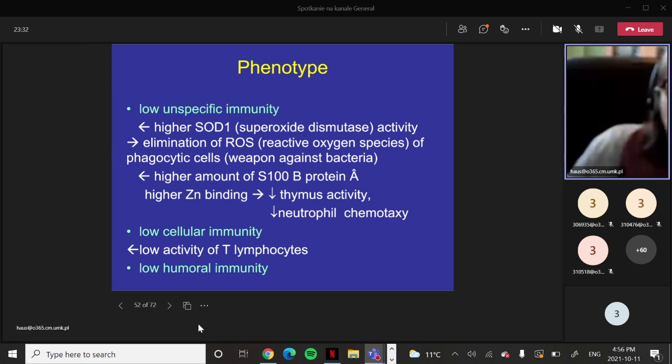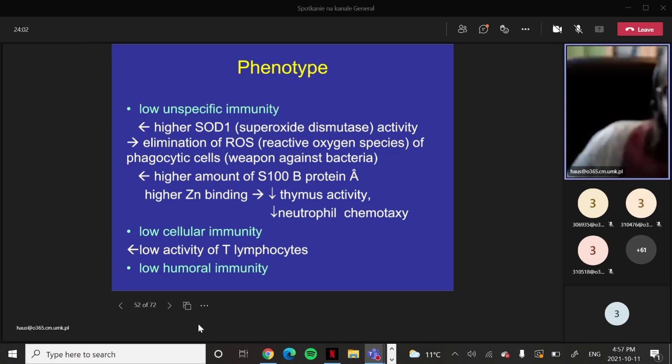As a result, we have higher SOD1 activity, and this SOD1 enzyme eliminates ROS, reactive oxygen species, produced by phagocytic cells. It is a weapon of these cells against bacteria.